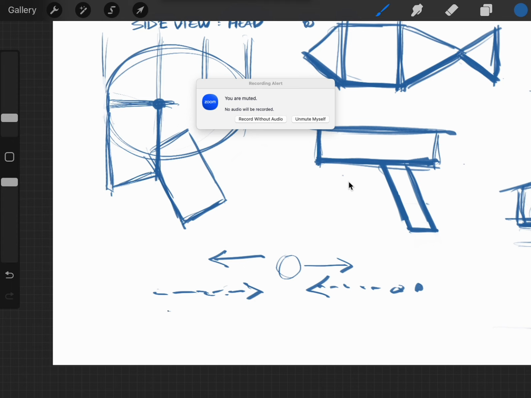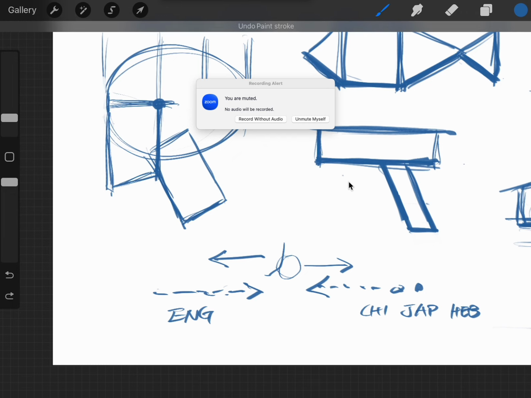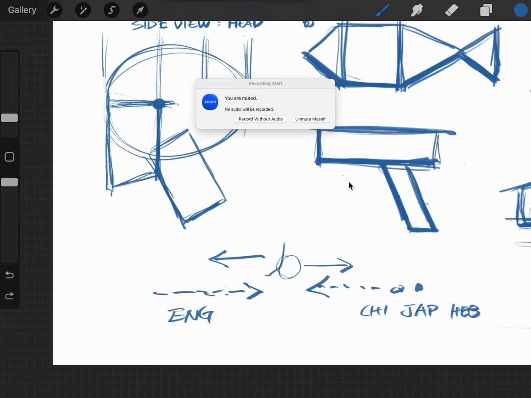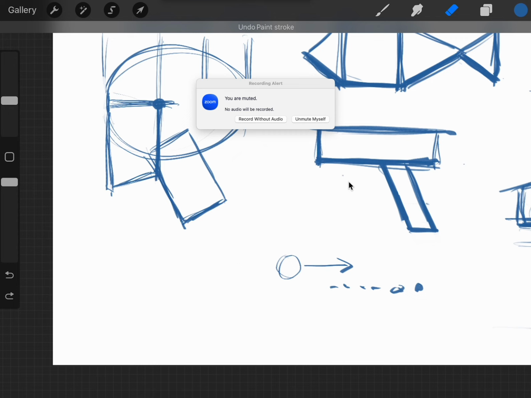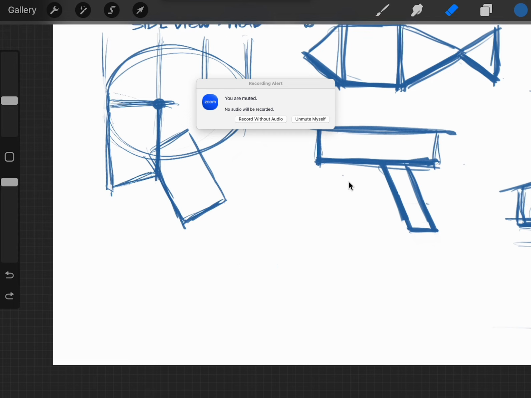Like English, right? This is your English. And this is your Chinese, Japanese, Hebrew, right? Interesting. I have no idea why that's the case, but that is the case. Traditionally, Chinese was written backwards, like that. We changed it about 100 years ago. So, anyways, that's that history lesson. Yay. Okay. All right.